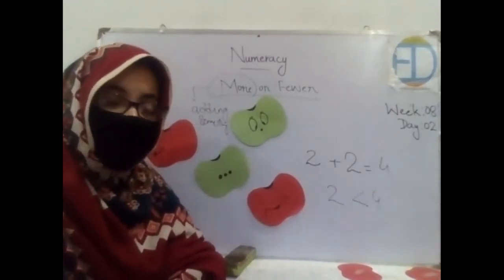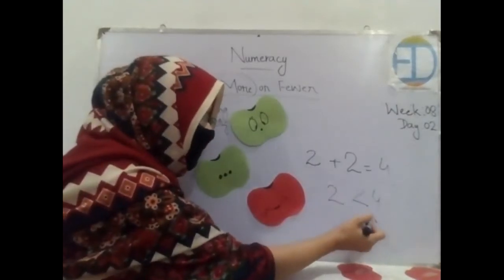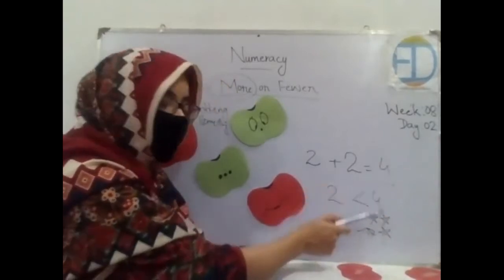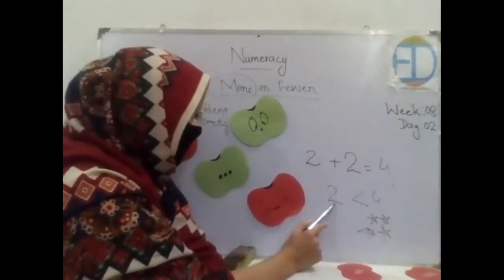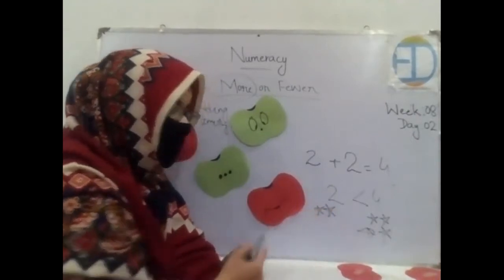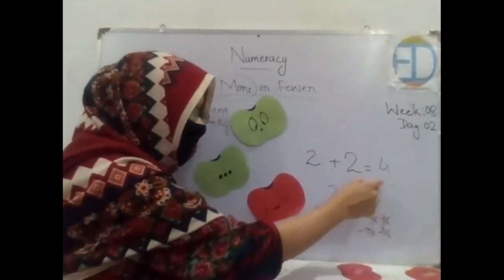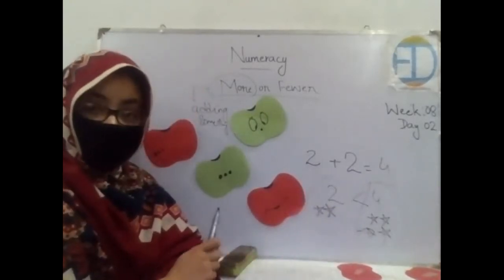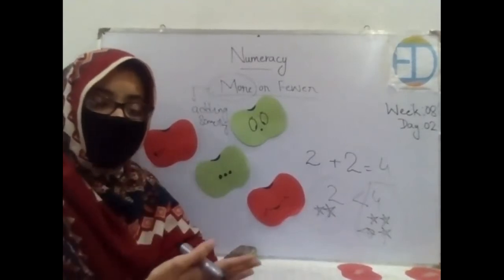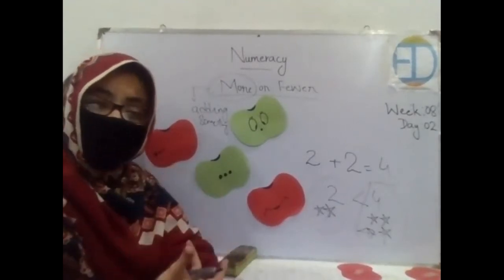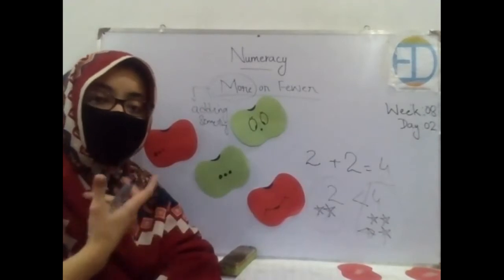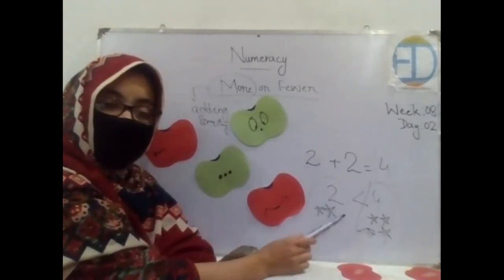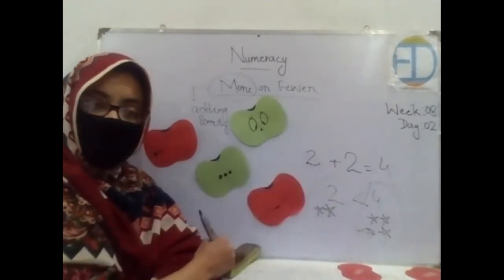Why is 4 greater? Because the number 4 means one, 2, 3, and 4 things. The value of this digit is this, and the value of this digit is only 2. This means that this digit contains more items than this digit. Are you getting my point? So when we say that somebody has more items or more things, this means that the number of items that the person has is greater than the other person's.